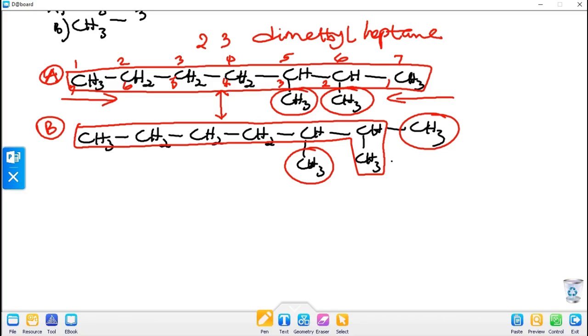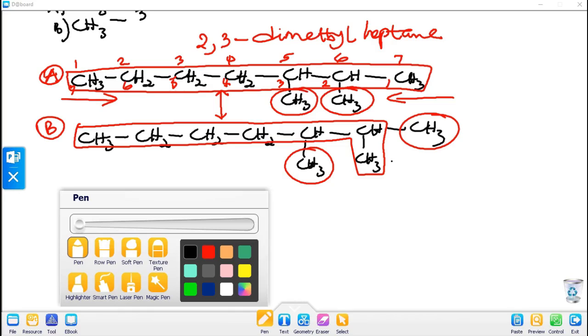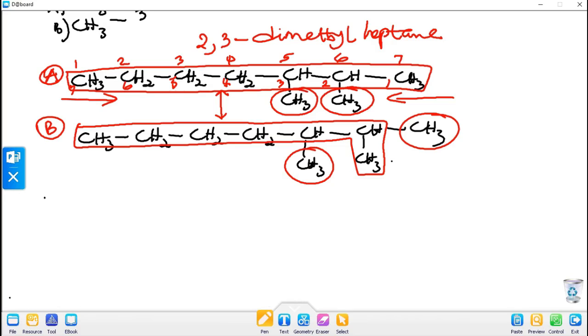A rule says that numbers are separated with a comma, but numbers are separated from letters with a hyphen. So we have formed the name of that hydrocarbon, and the name is 2,3-dimethylheptane. It's as simple as ABC.